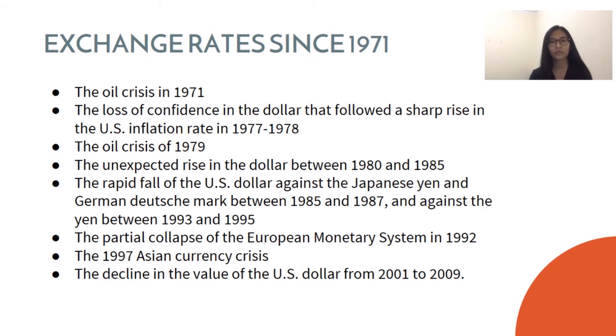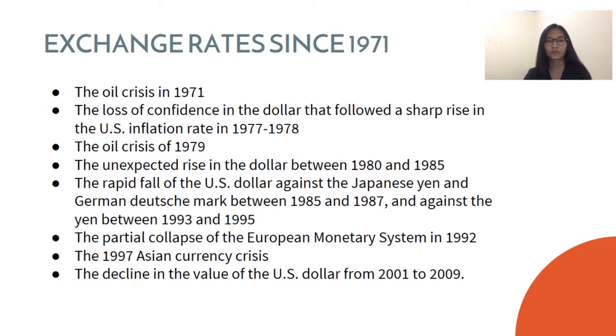The next factor is the rapid fall of the US dollar against the Japanese yen and German D-mark between 1985 and 1987, and against the yen between 1993 and 1995. The other factors are the partial collapse of the European monetary system in 1992, the 1997 Asian currency crisis, and the last factor, the decline in the value of the US dollar from 2001 to 2009.